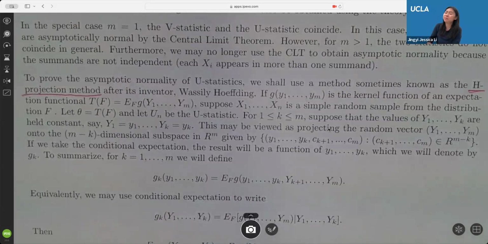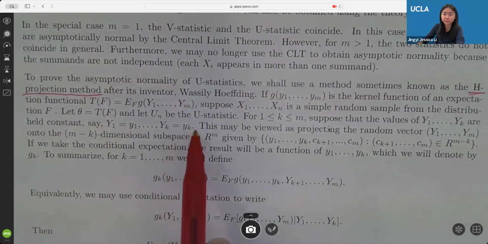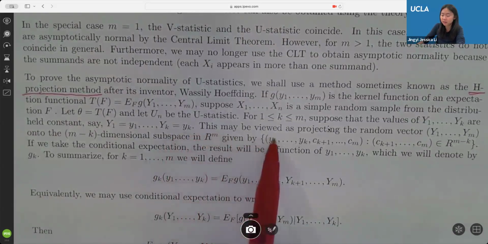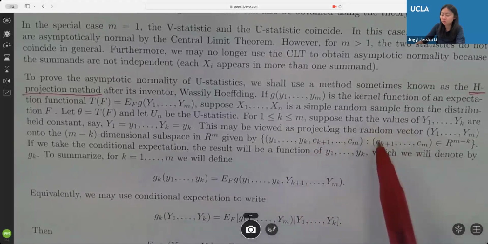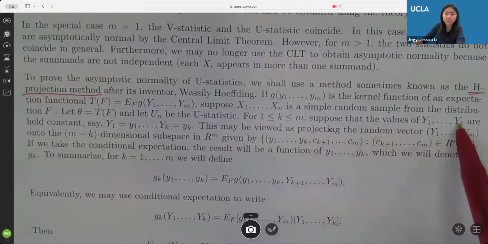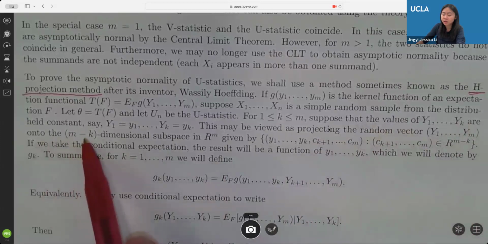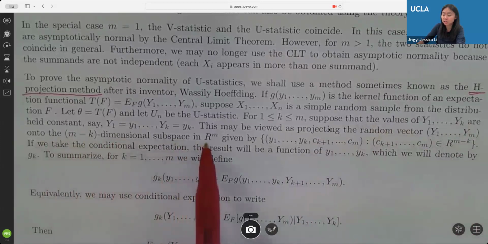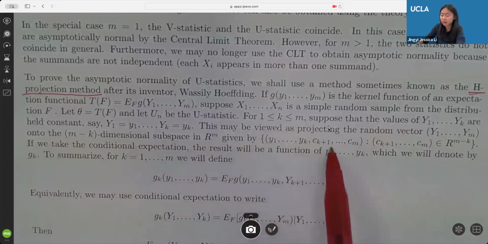And here's the case. So we pick a lower number k. Suppose that k is less than m. Suppose that the values y1 to yk are held constant. So we let big Y1 be fixed at small y1, big Yk fixed at small yk. This may be viewed as projecting the random vector Y1 to Ym onto the m minus k dimensional subspace in R^m given by this.